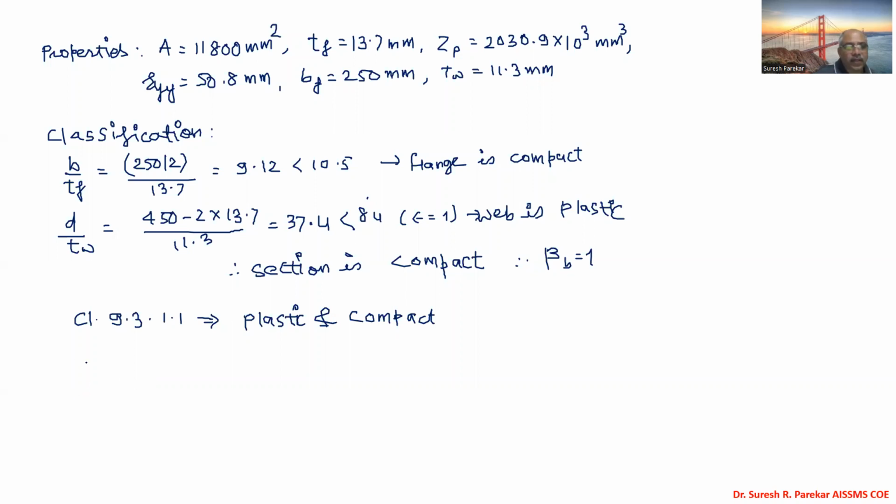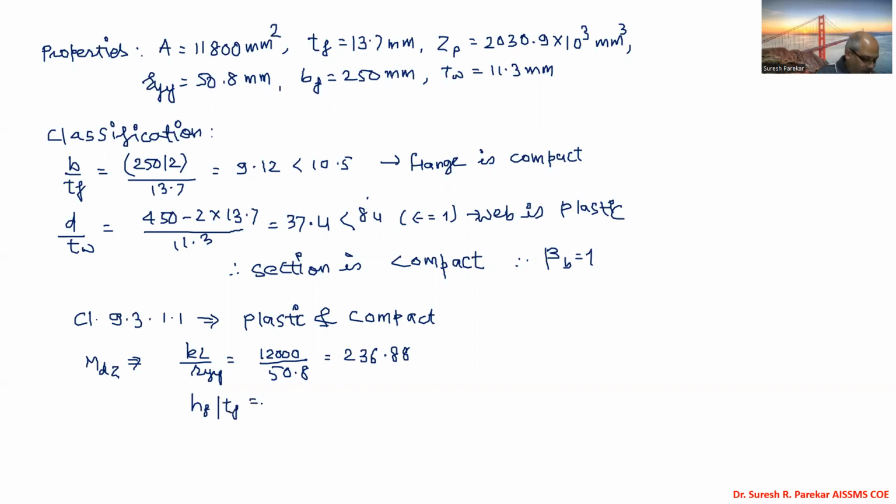So now we will go with Mdz, and for this we have to find the value of KL upon RYY. The column we have considered 12 meters, and the value of RYY we have 50.8. So this value comes 236.88.